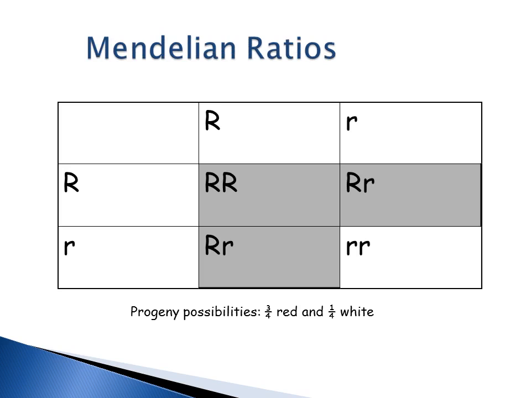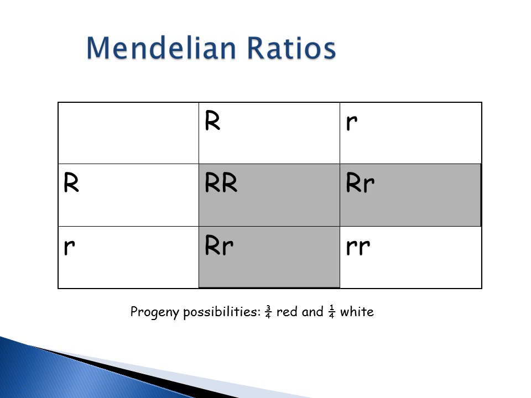So we have our ratios. If you do a typical Punnett square where you have your big R, little r crossed with big R, little r, you're going to get, in the gray shaded regions, big R, big R, big R, little r, big R, little r, and little r, little r.